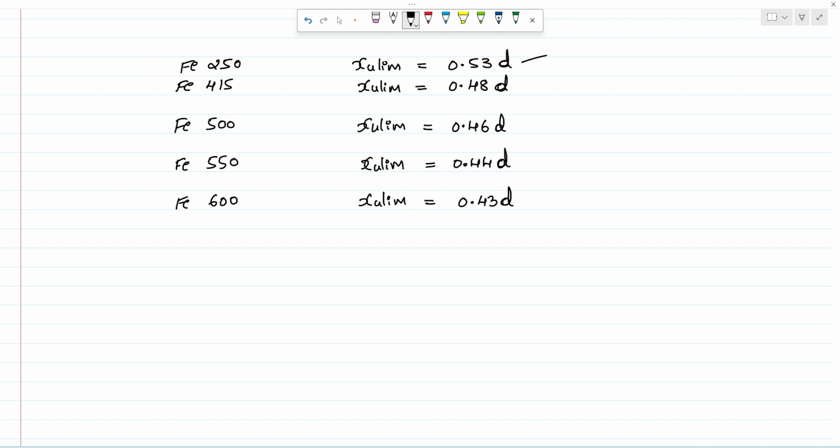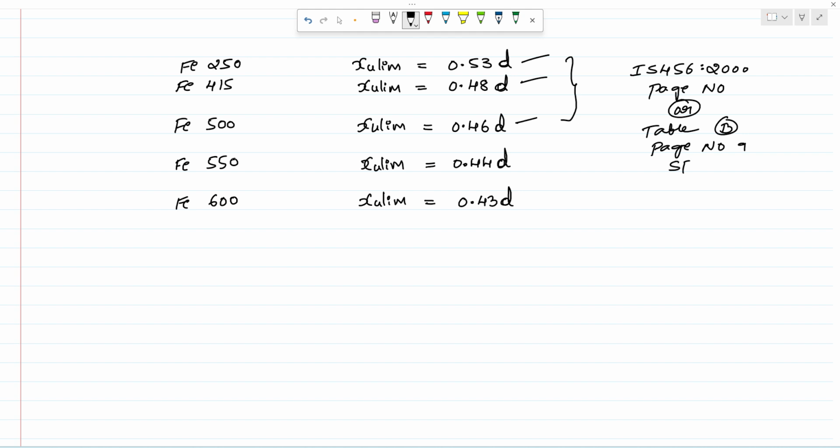So these three equations are available in your IS code. So if you refer IS code, IS 456 2000, page number 70, or you can refer table B, page number 9 of SP 16.